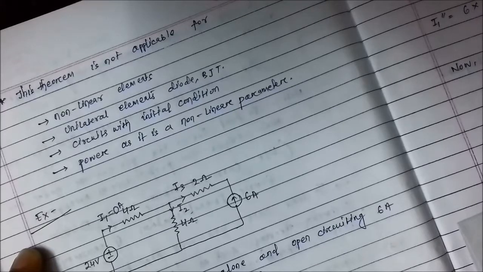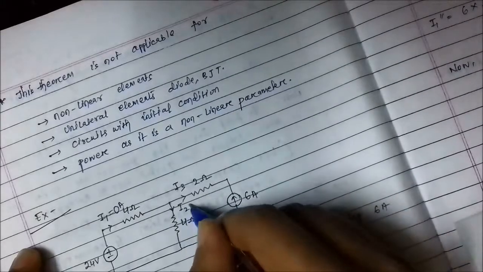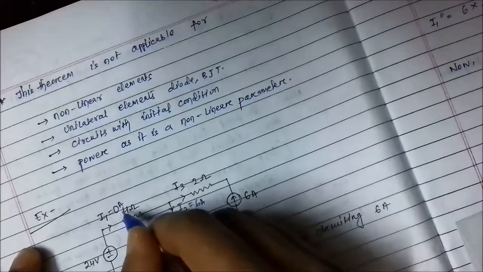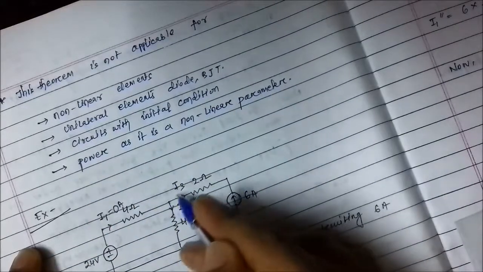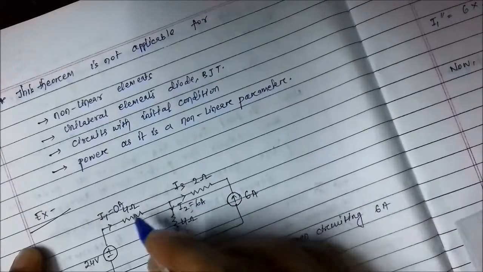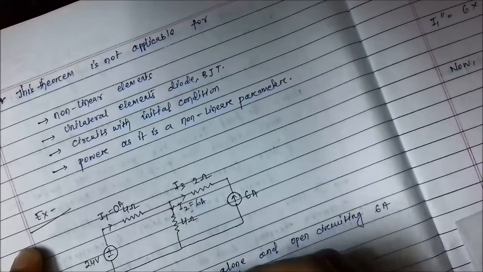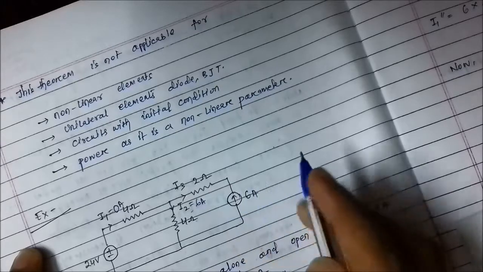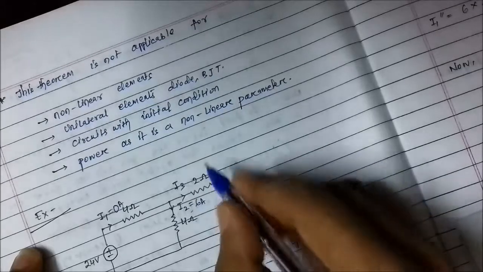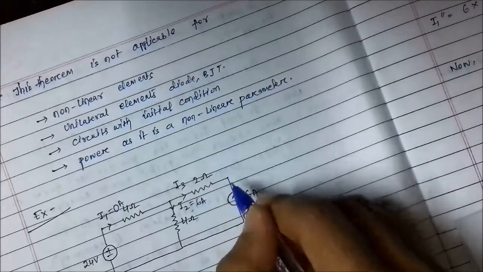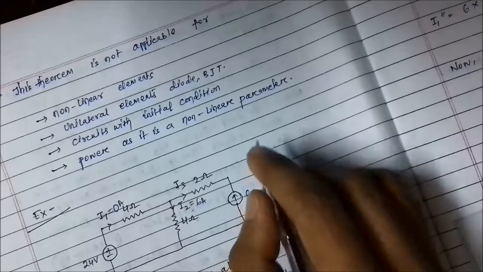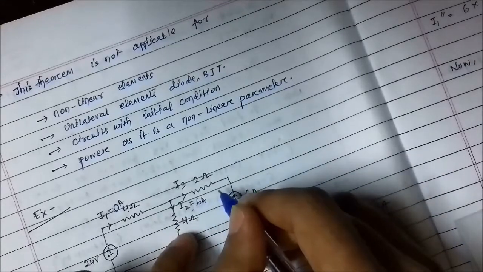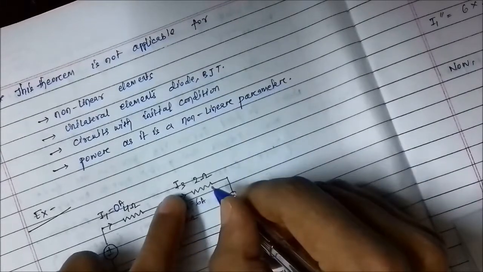The value of I2 is 6 ampere. Obviously when no current flows through this, it will be open circuited and the entire current will flow through this closed path, no current here, and I3 is minus 6 ampere. So as I told you, when the value of current comes negative, it means that the actual direction of the current is opposite to the assumed direction.